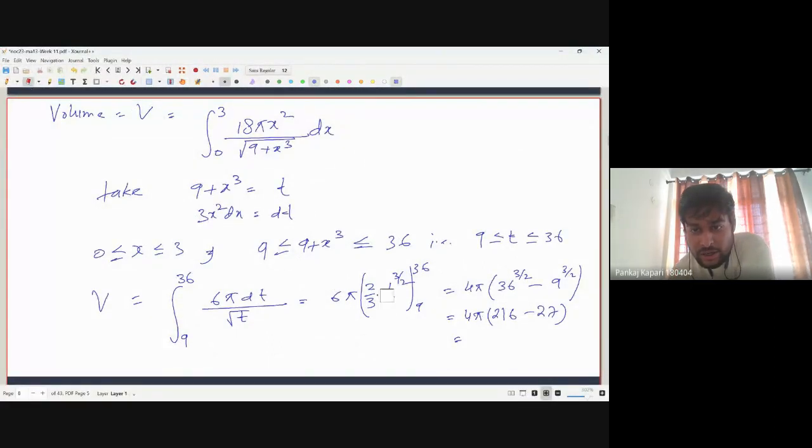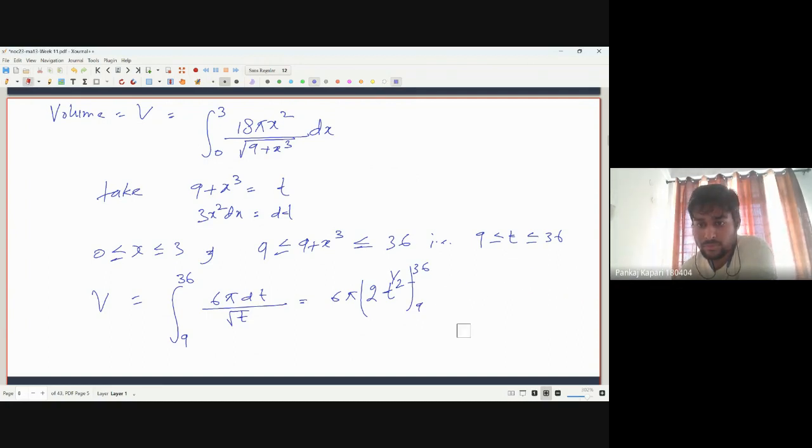Okay, so here there's a mistake. The integral of root t is t to the power half, not t to the power 3 by 2. So t to the power half into 2, right?